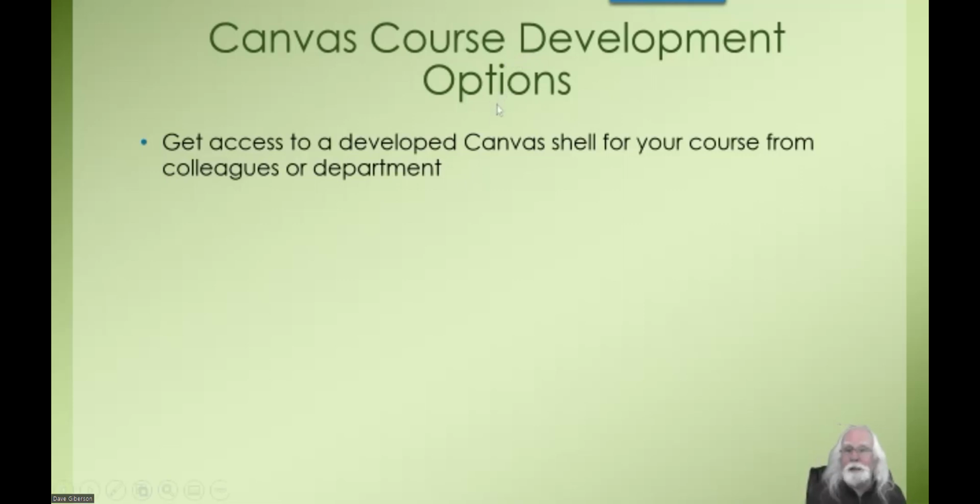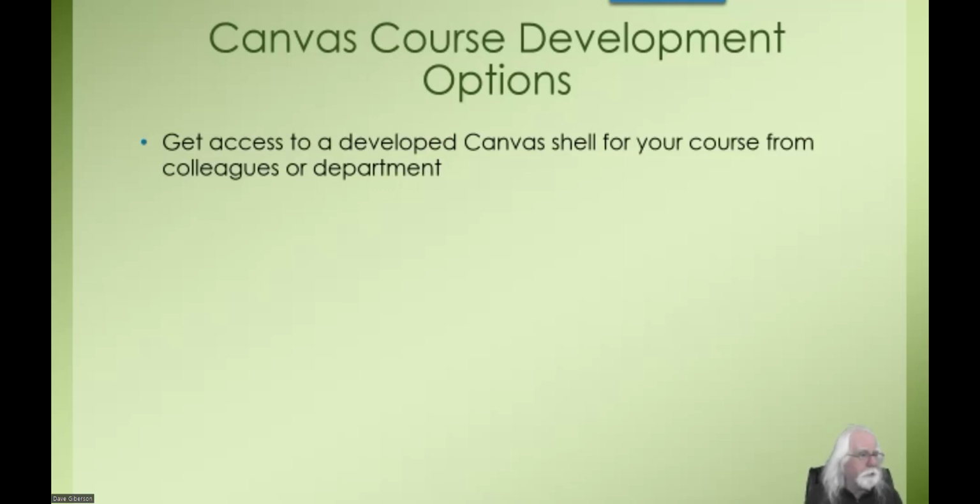But let's assume this is the first time you've taught this course using Canvas, and you don't have an old Canvas shell ready to copy from. Your first option, it's another one of those situations, don't buy it if you can rent it, don't rent it if you can steal it, that kind of thing.